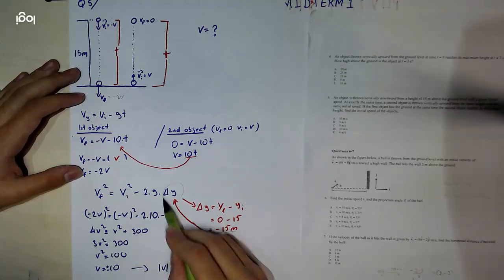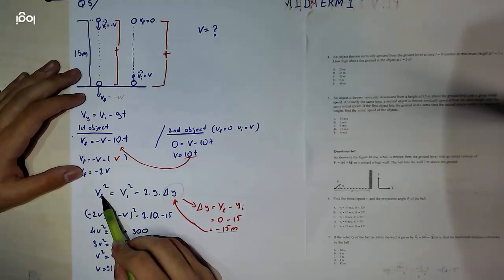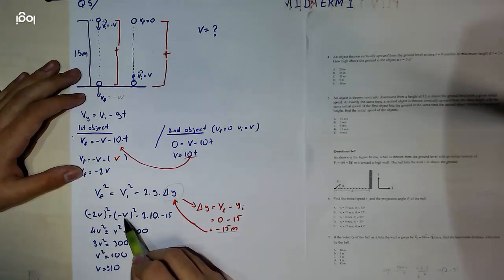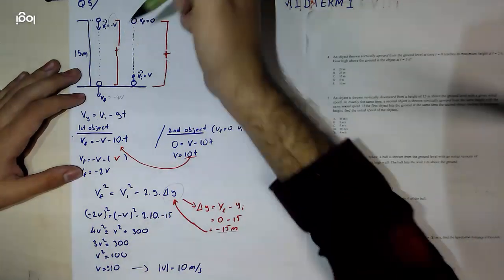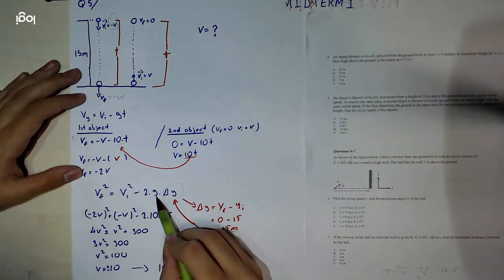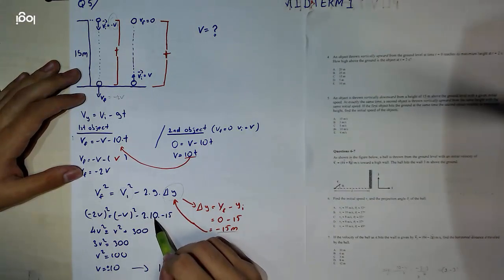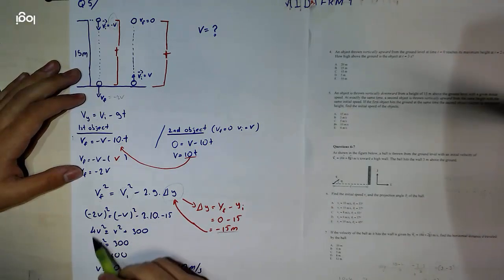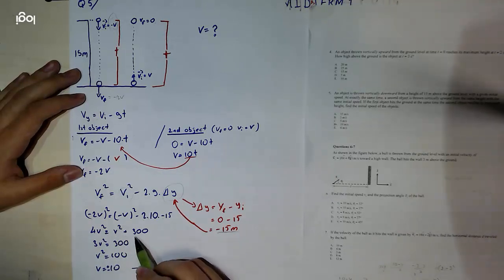So you can write here now. We found that the minus 2V squared equals minus V squared, V initial is here, and 2 times g is equal to 10, 2 times 10 times minus 15. So we take the square, 4V squared equals V squared plus 300.